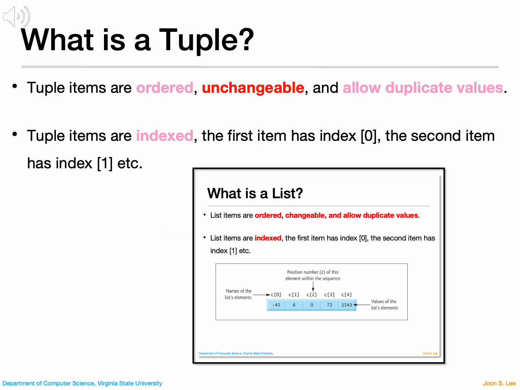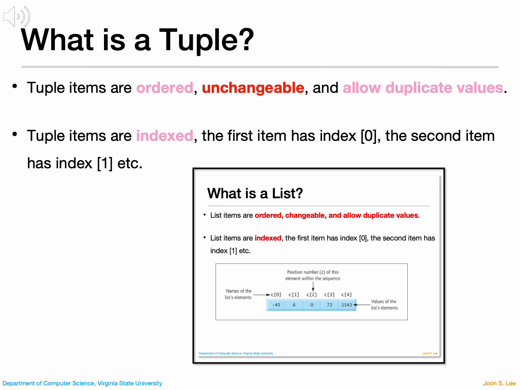Just like lists, tuples are ordered collections, which means the items keep the same sequence in which they were added. However, unlike lists, tuples are unchangeable. Once a tuple is created, its contents cannot be modified. Tuples also allow duplicate values, just like lists.